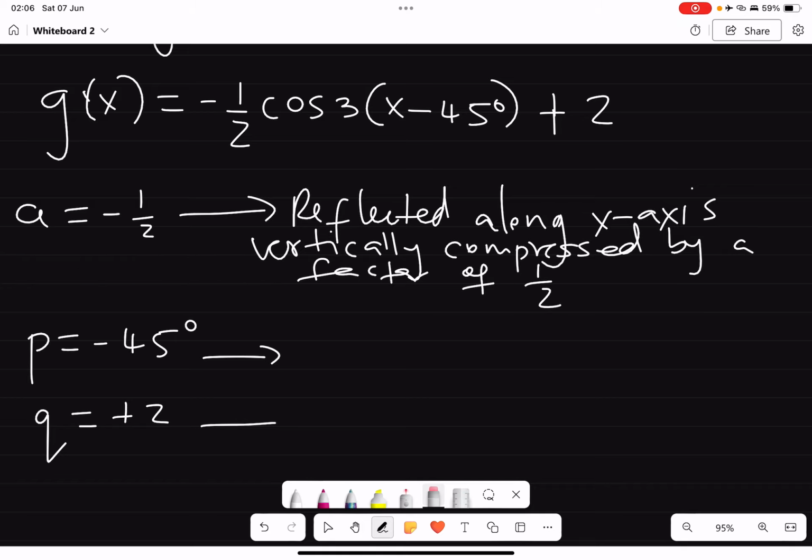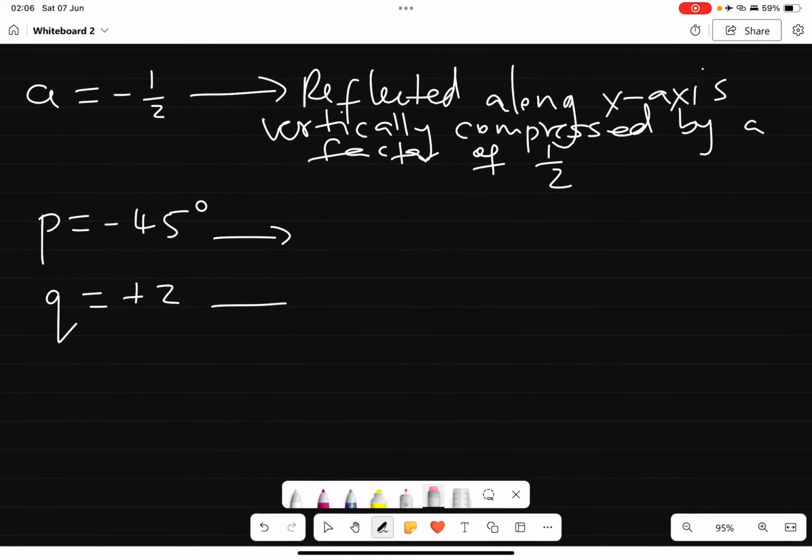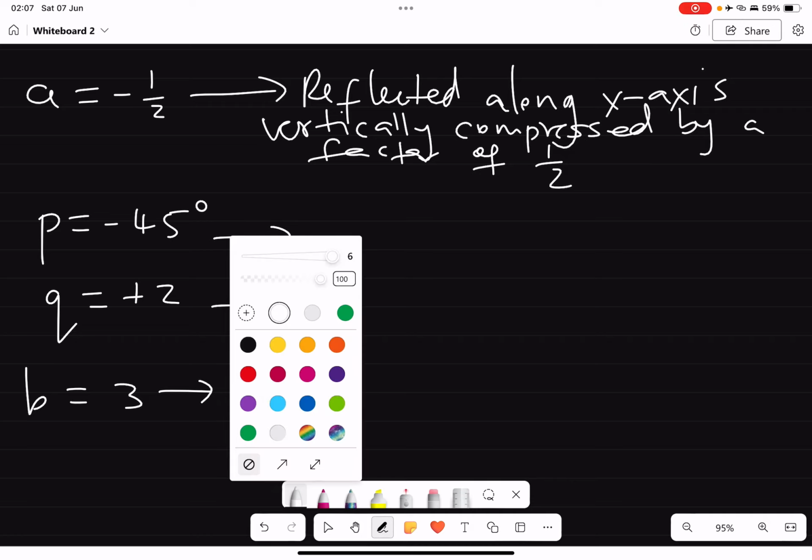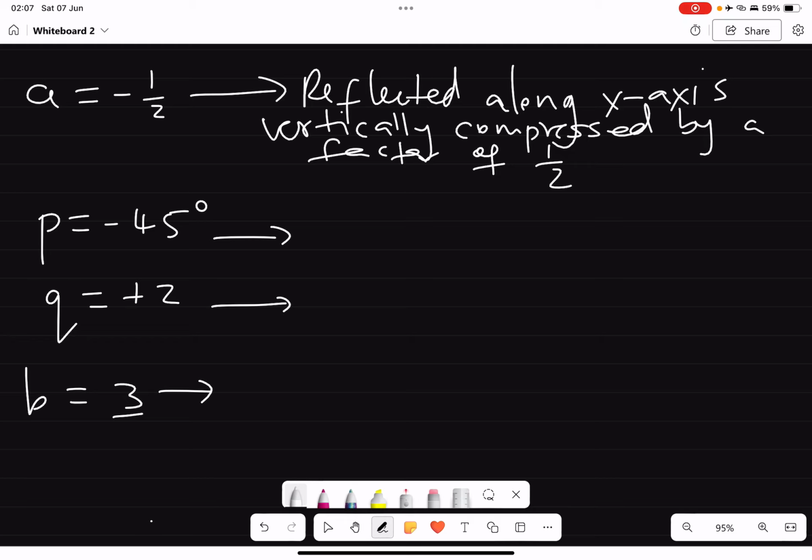B is 3, but I'll just write it at the bottom so that we can have space. B is equals to 3. What does B tell us? Remember I said to know about B, just reciprocate it. You have 3 over 1, so the reciprocal is 1 over 3. This is the factor that you did, the horizontal. And you can see that it's 0 point something, which means you are basically going to compress.